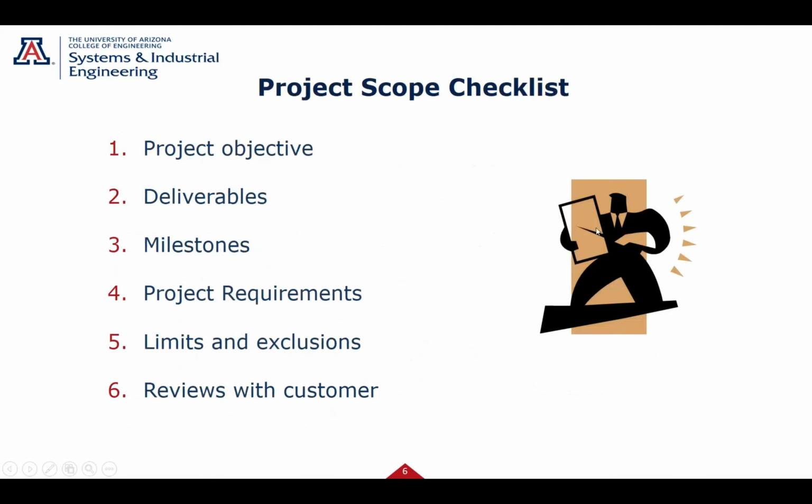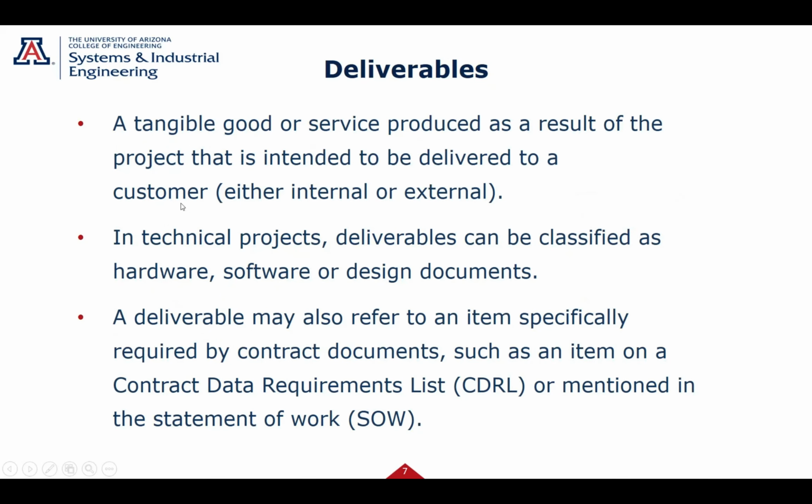So, deliverables. We're going to go through these. So deliverables, tangible good or service produced as a result of the project that is intended to be delivered. And remember, delivering can be internal or external. Your part of the project may be delivering something internally to another team that is going to deliver the end product. So you may have internal deliverables. In technical projects, which is what we're talking about, it's typically hardware, software, design documents, things like that.